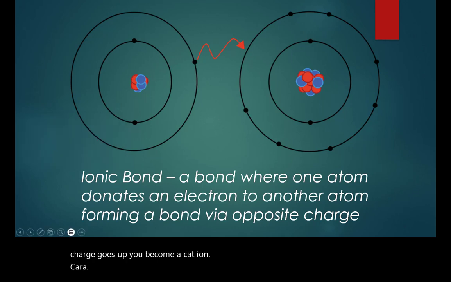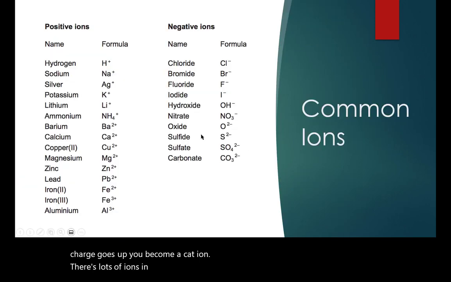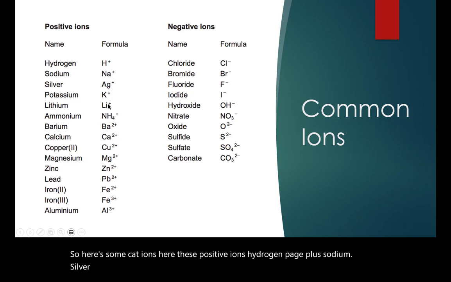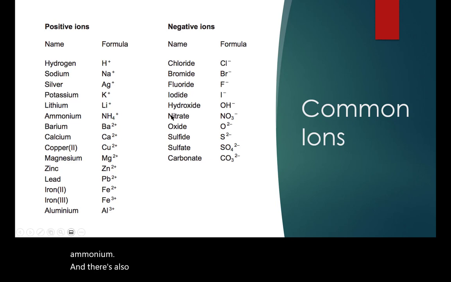There are lots of ions in nature. So here are some cations, these positive ions: hydrogen, H+, sodium, silver, potassium, lithium, there's the one we just talked about. Here are some molecular ions, ammonium, and there's also nitrate, but that's a negative ion, an anion, right? So chloride, bromide, fluoride, iodide.